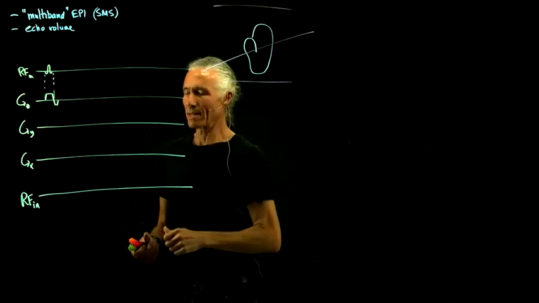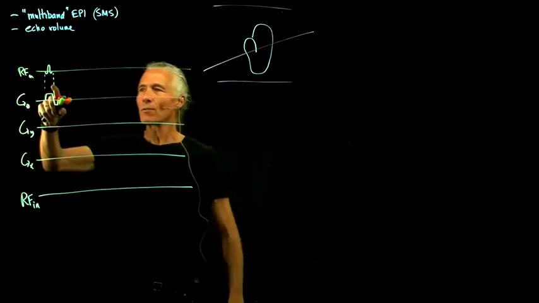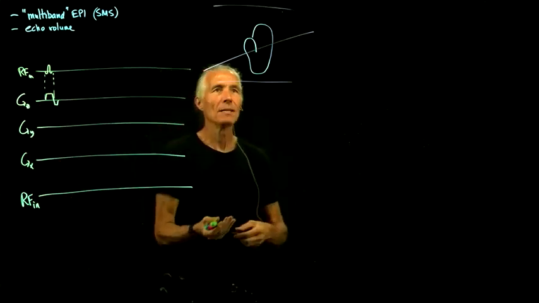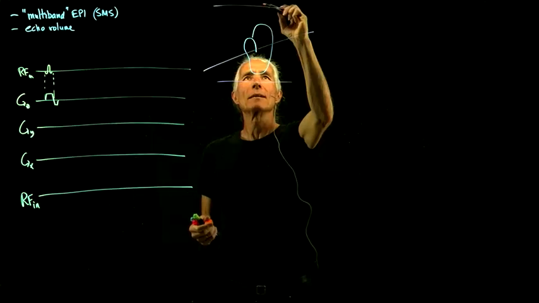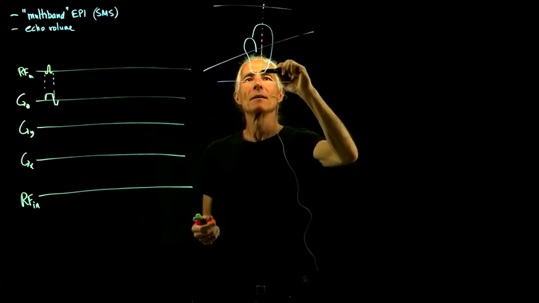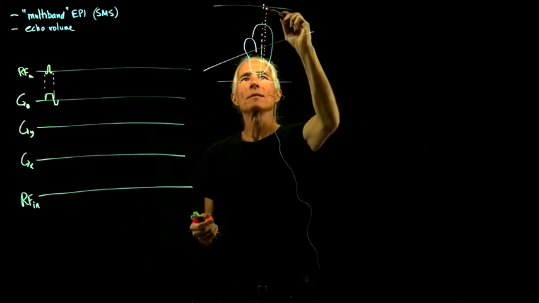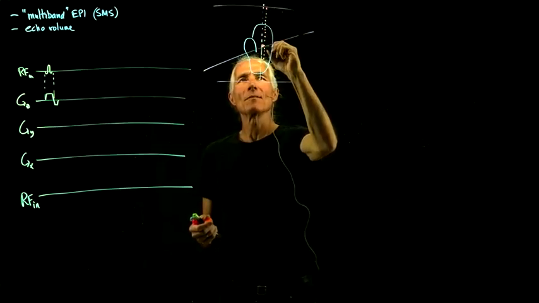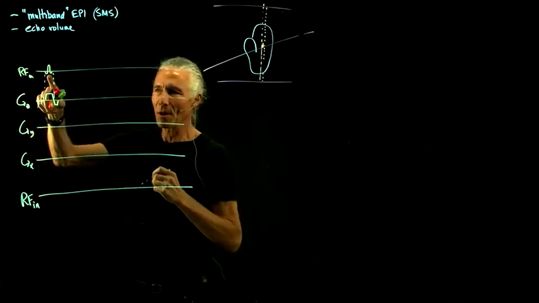That's the Z gradient. And so what's going to happen if you do one RF pulse is that some part of the brain, say about here, just happens to be at the part of the Z gradient that corresponds to the frequency band of your RF pulse.